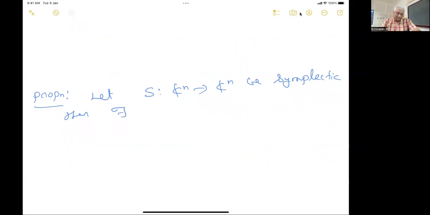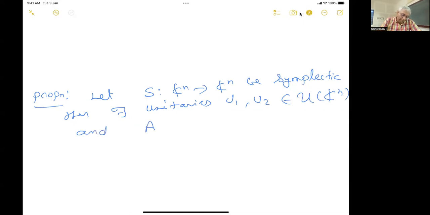So if S is symplectic, then there exist unitaries U1, U2 in U of Cn, and A in M_n(R), such that A is a positive operator.